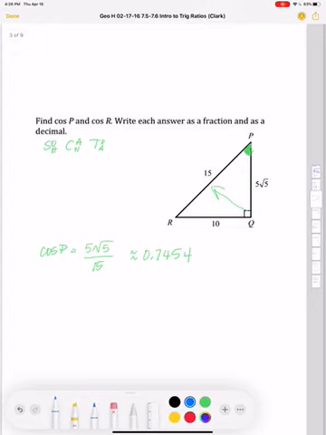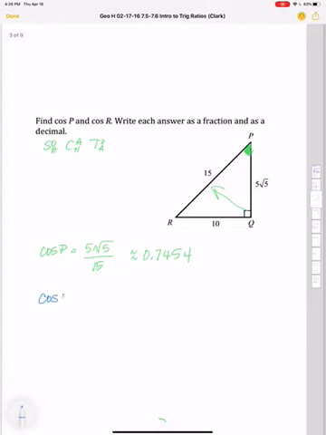If I want to find cosine of angle R, then let's say I'm standing here now, so I've moved. So cosine is adjacent over hypotenuse. So what is adjacent to me? That would be side 10. And then my hypotenuse doesn't change, so that's 15.